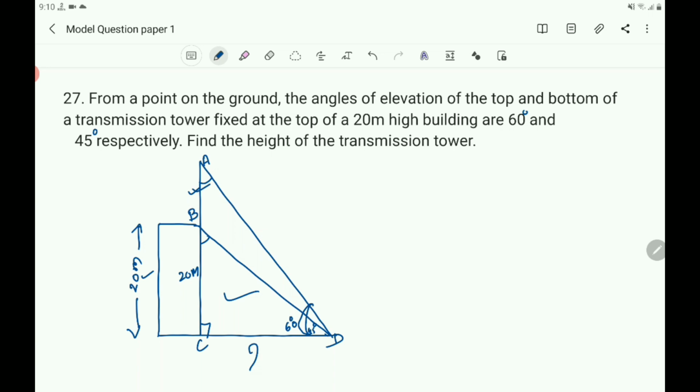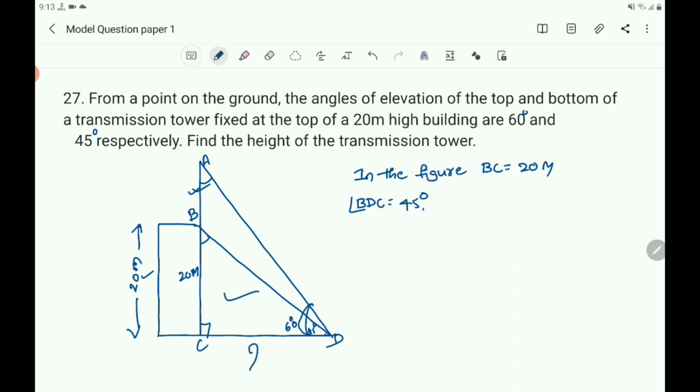So write in the figure what is given. In the figure, BC equals how much? 20 meter, and angle BDC equals 45 degree.